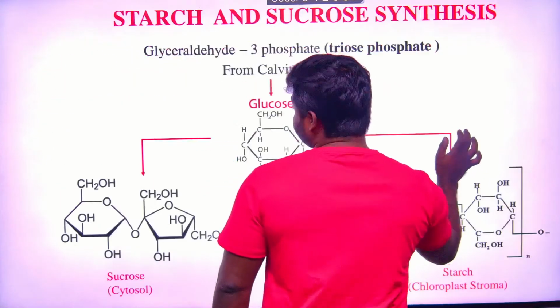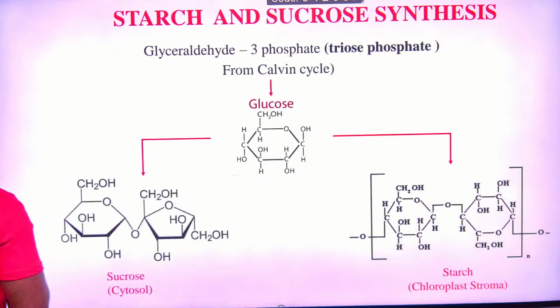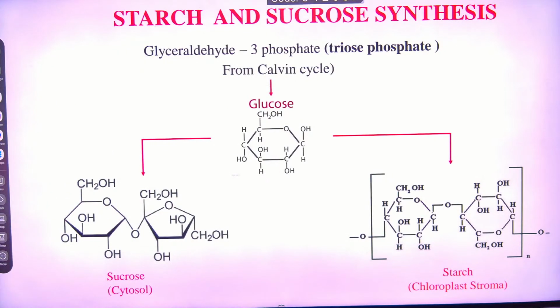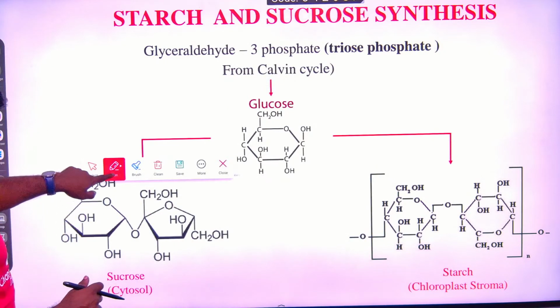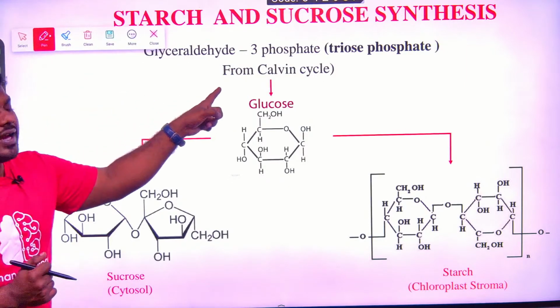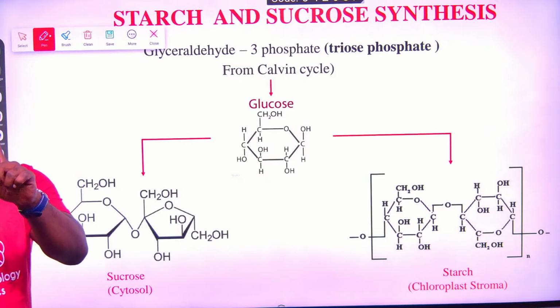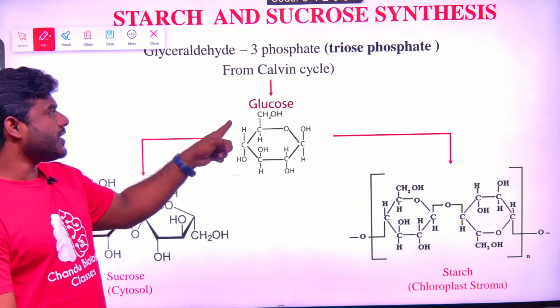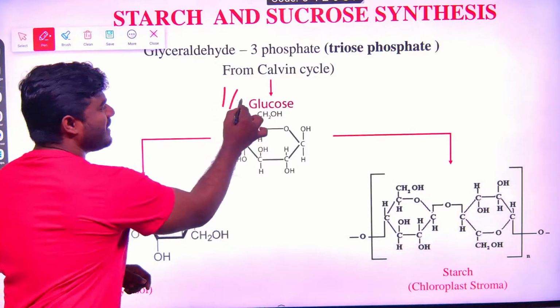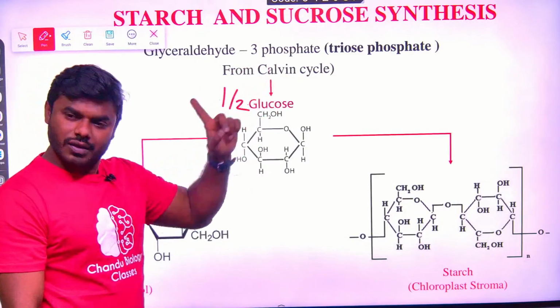All right. Now, this question was asked again in December 2023 in a very different way. Finally, how many G3P are coming out to produce glucose? 1. Correct? 1 gives rise to how many glucose? Half. Simple. If 2 are coming, we get 1 glucose.